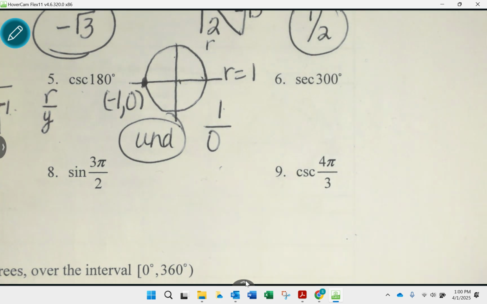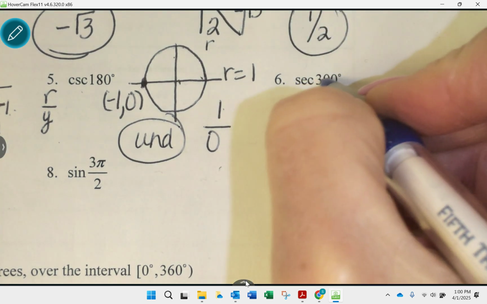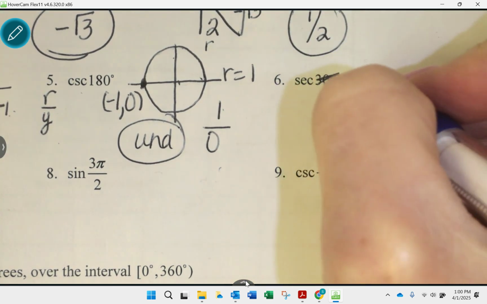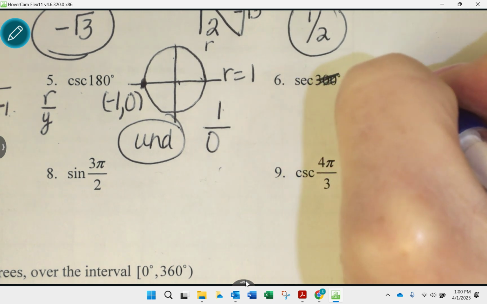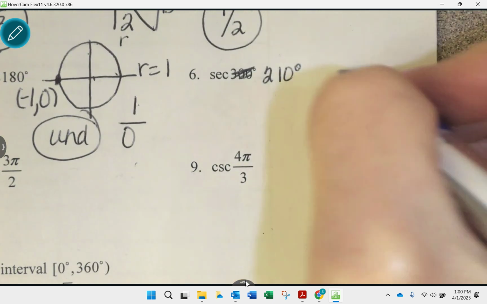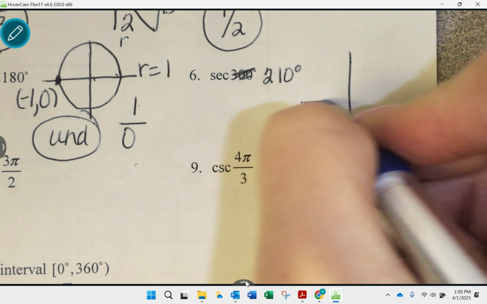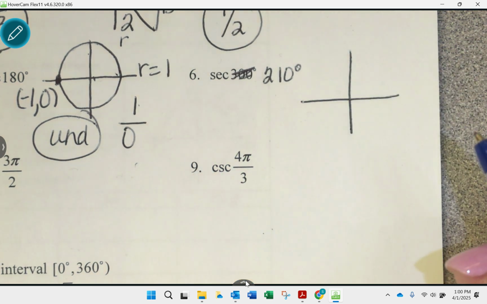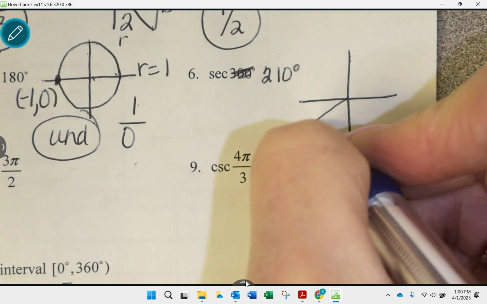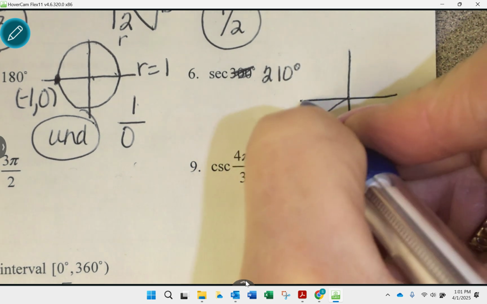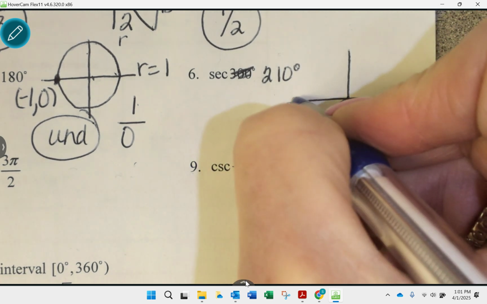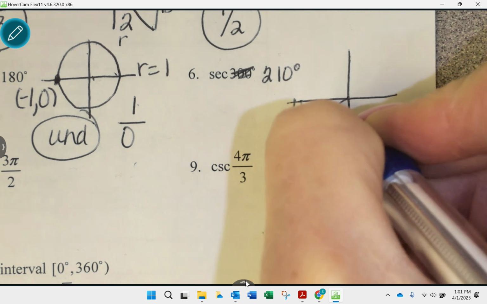All right. I don't want to do secant of 300 because we've done 300 several times. Change this angle. Let's do 210. All right, so 210. You know which quadrant? Third quadrant. How far past 180 are we? 30 degrees.